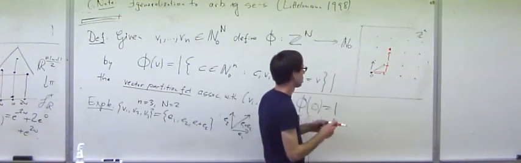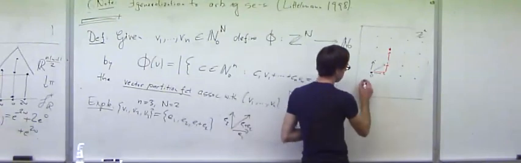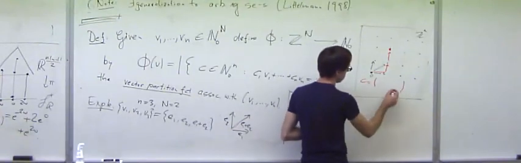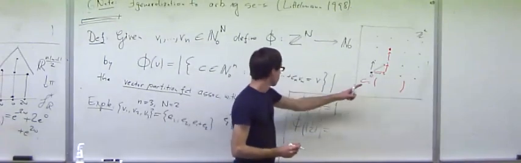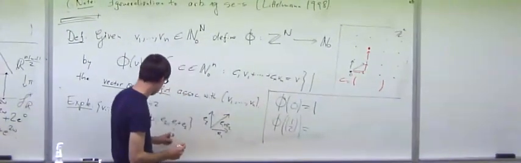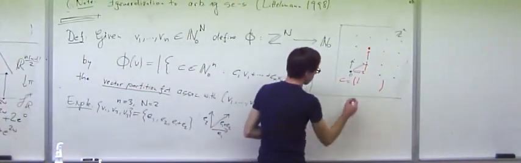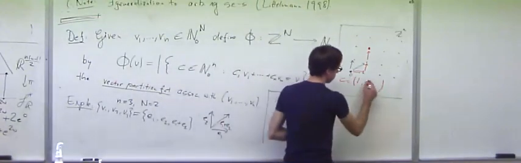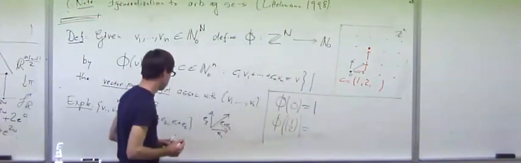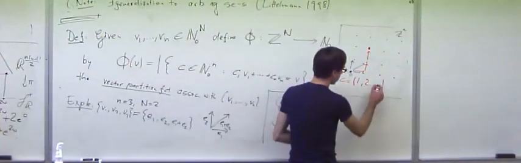This would be the linear combination. So what would be the corresponding c vector? I use the E1 once. I use the E2 twice. And I use the E1 plus E2, the diagonal one, not at all.